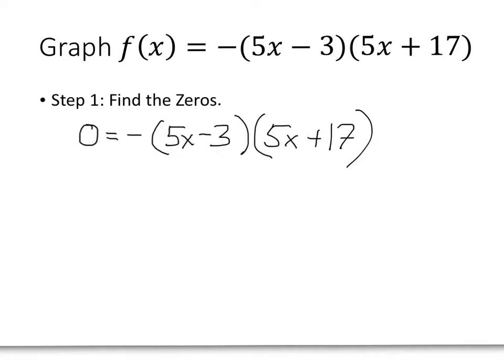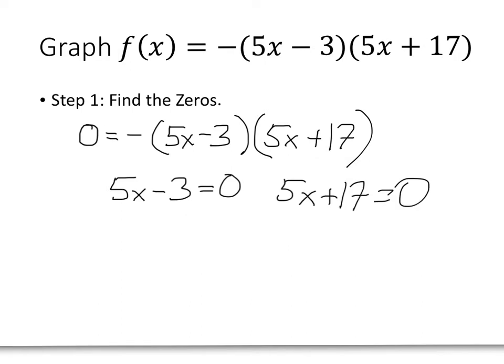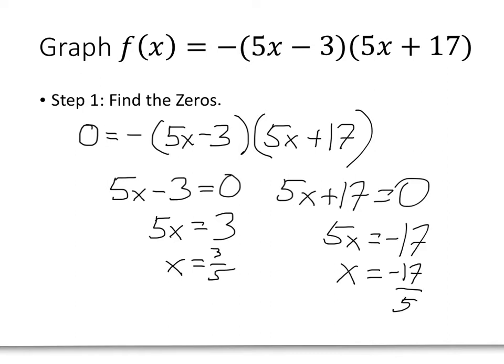By applying the zero product rule straight up from here, I can just set the factors 5x minus 3 equal to 0, and also set the factor 5x plus 17 equal to 0. After solving, we come up with x equals 3/5 and x equals negative 17/5 as our two zeros.